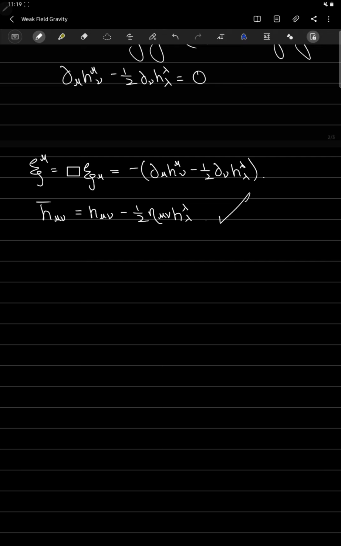And the reason for that is because the field h mu nu has a vanishing trace, right? So taking the trace of this field h, we'll see that it turns out to be 0, right? And because of that, I can completely write down this new h mu nu bar.